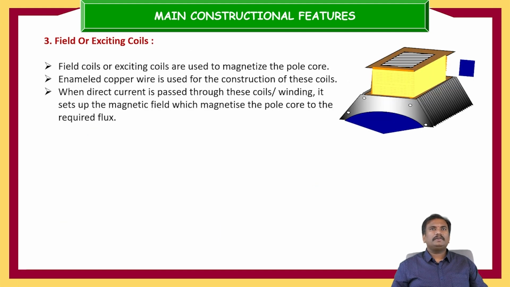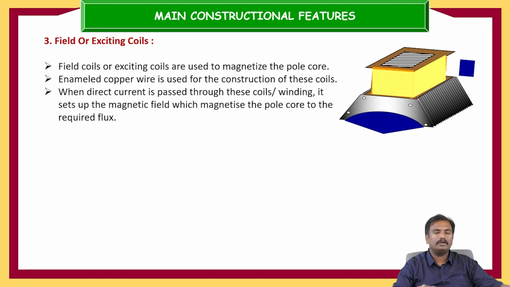And the next one is field or exciting coils, which are used to magnetize the pole core. Once we place the winding and give the supply to the windings, the flux will be generated, and that flux will flow through the magnetizing pole core.